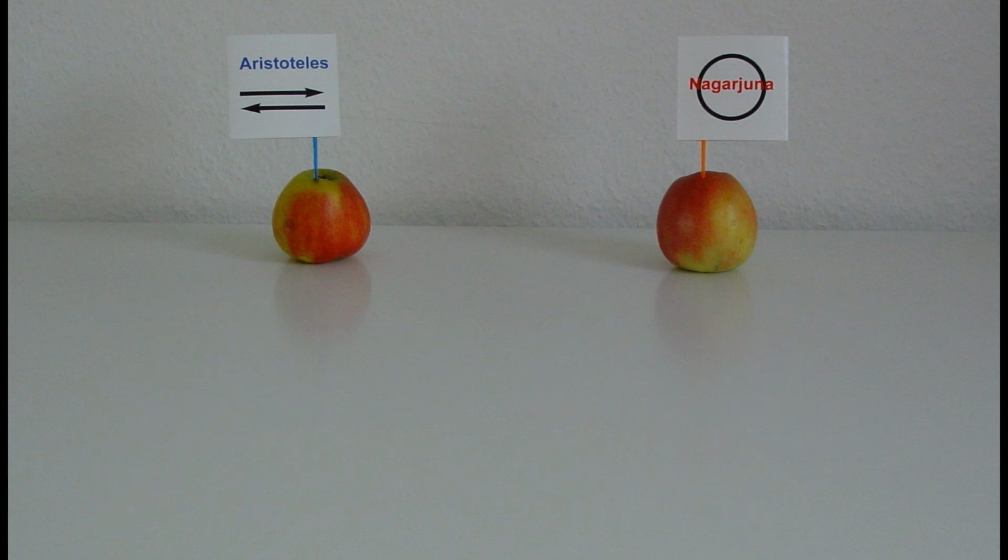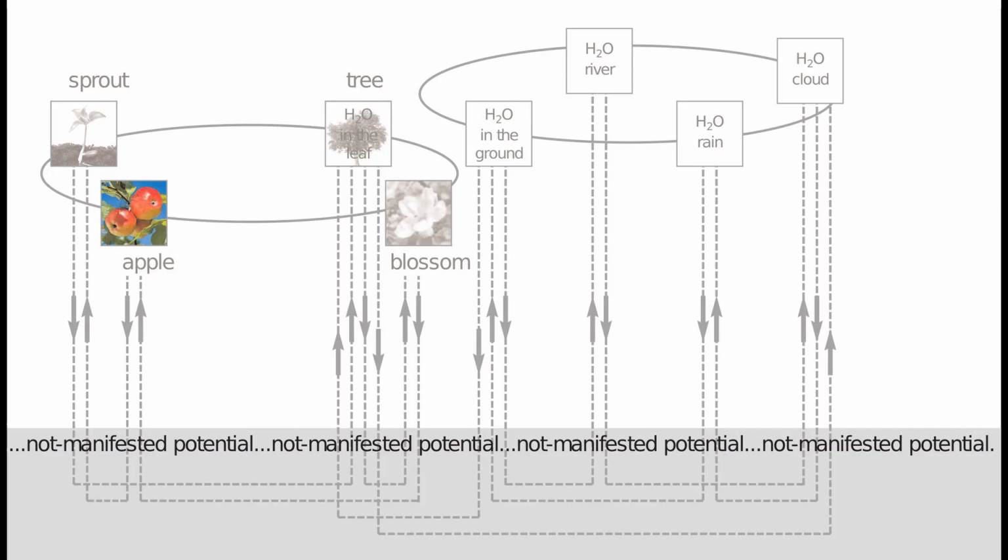In summary, Nagarjuna describes reality as the interaction of living processes, what Nagarjuna calls dependent arising or emptiness. Quote, dependent arising, this is what we call emptiness. This dependent arising, and with it emptiness, is clearly shown in this graphic.